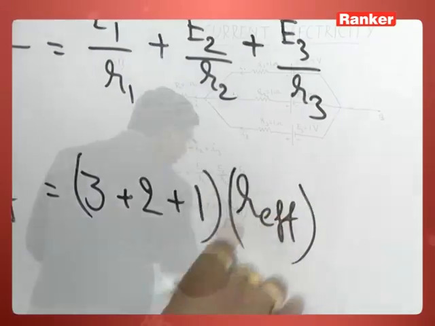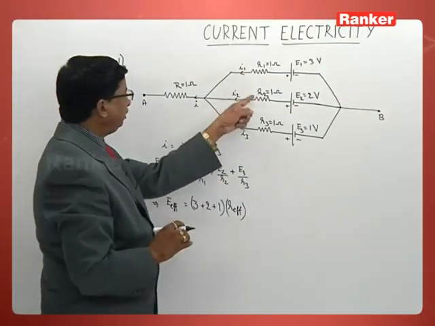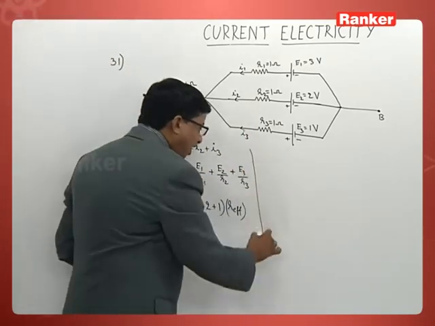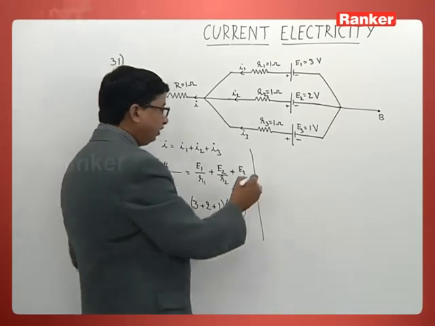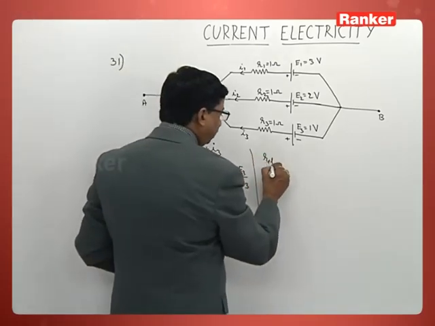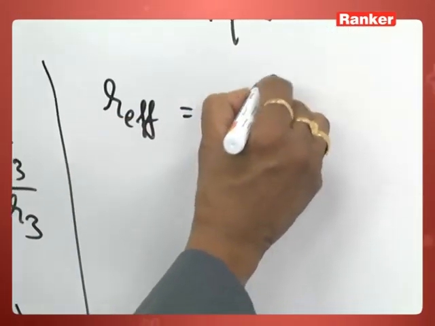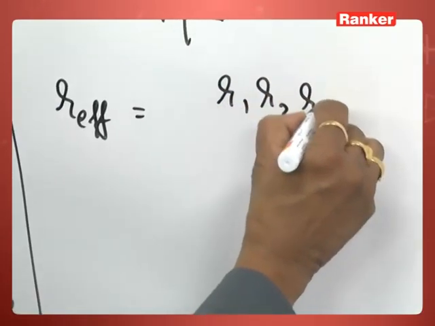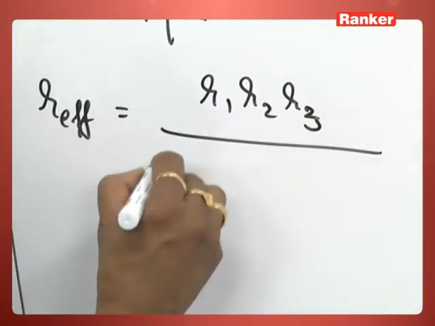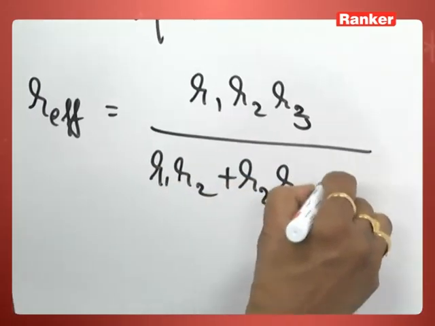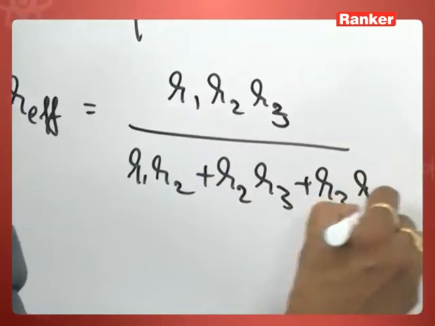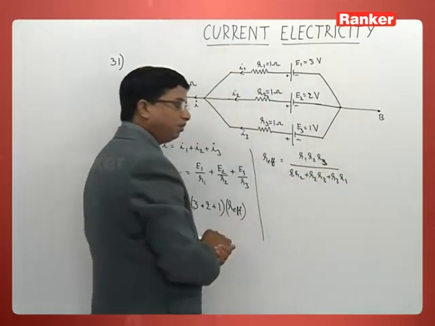You people should remember first. All the 3 resistances are now connected in parallel. Then how to calculate R effective here? R effective value is nothing other than R1 R2 R3 by R1 R2 plus R2 R3 plus R3 R1. That is the formula.